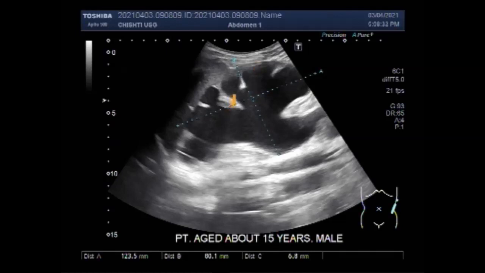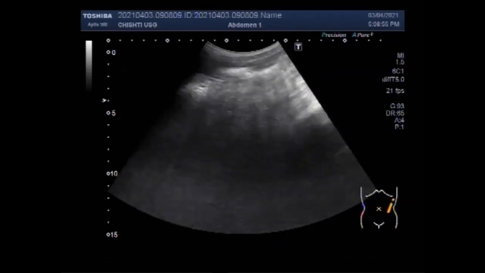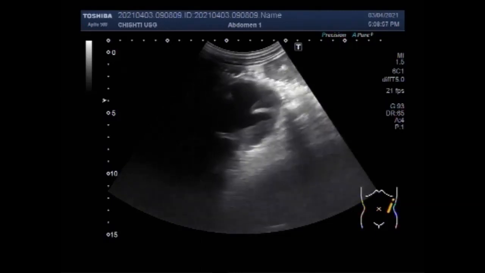You can see the left kidney and the pelvicalyceal system is grossly dilated, and a significant amount of pus, debris and infectious material is seen inside the dilated pelvicalyceal system.